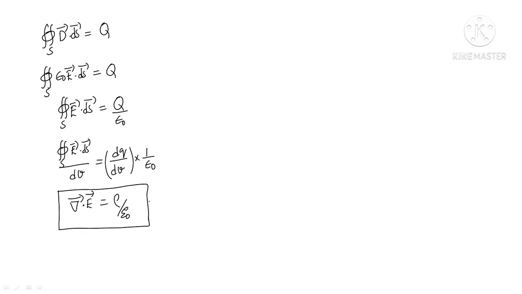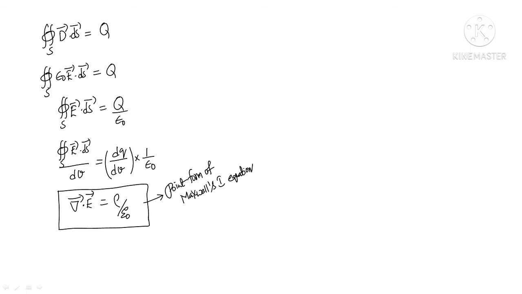Okay, this is called as a point form of Maxwell's first equation. This is an important question which was asked many times in your academic examinations and also useful for your competitive examinations.